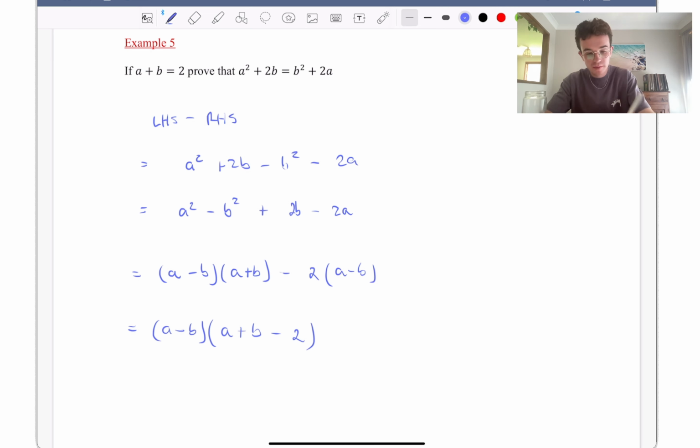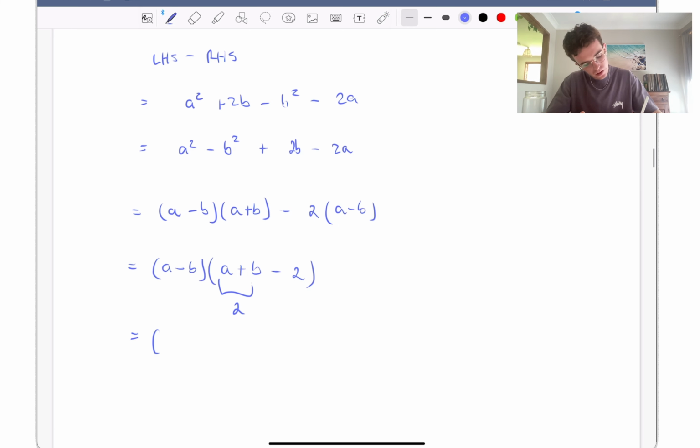The mistake I'd made was that I had just written the 2a, but we can see it's minus 2a. Now we're told that a plus b is 2, so a plus b minus 2 is equal to 0. So this is equal to (a minus b) times 0, which is 0.